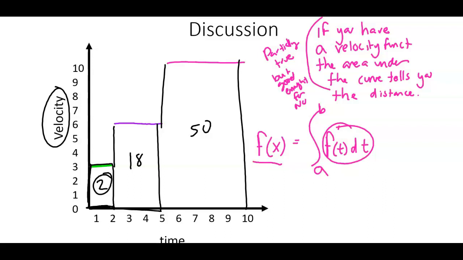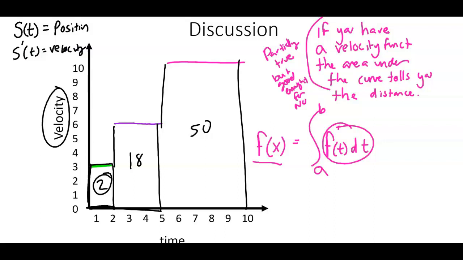Now, as an interesting side note, you don't need to write this in your notes. You guys remember a while back, I think it was in unit 4 or 5, I think it was 4 actually, we talked about something known as the position function, right? And the derivative of that gave us the velocity. This is the same concept, we're just working backwards.